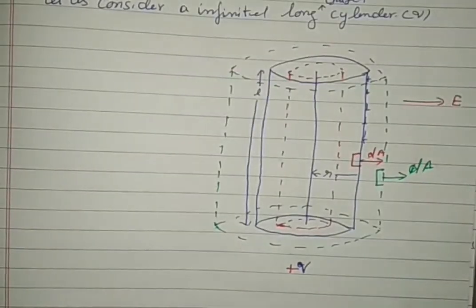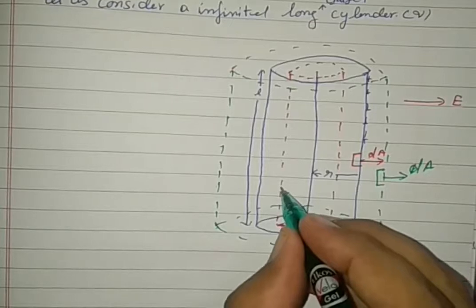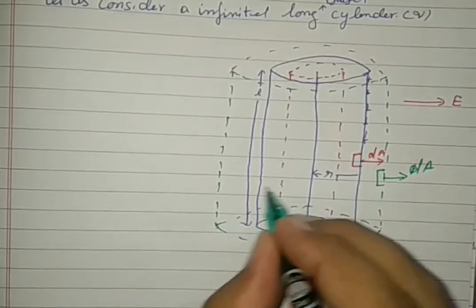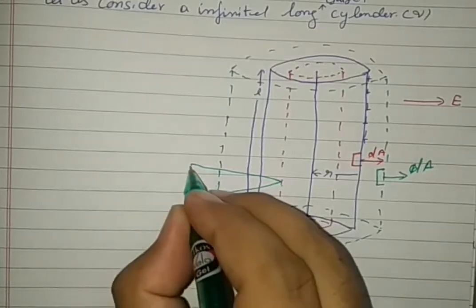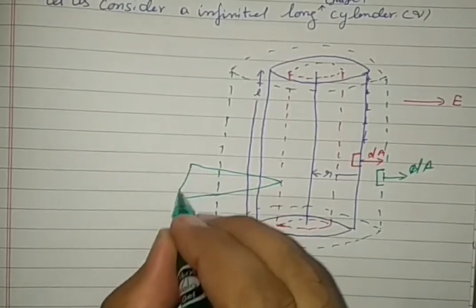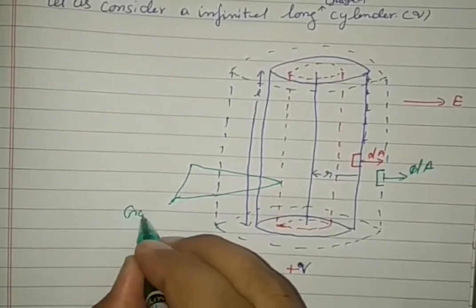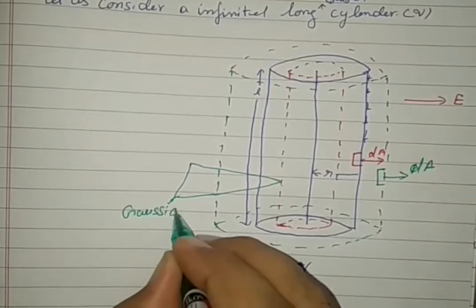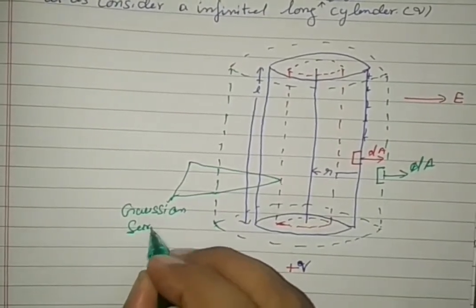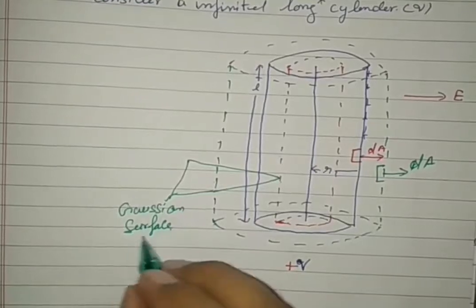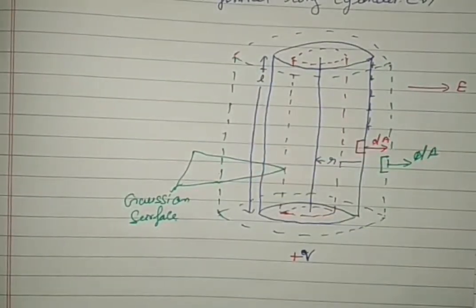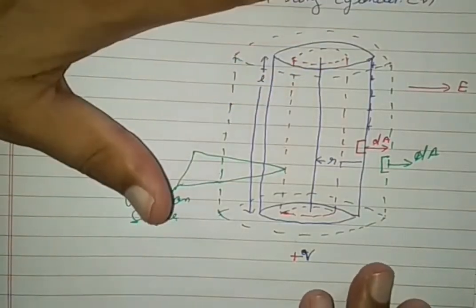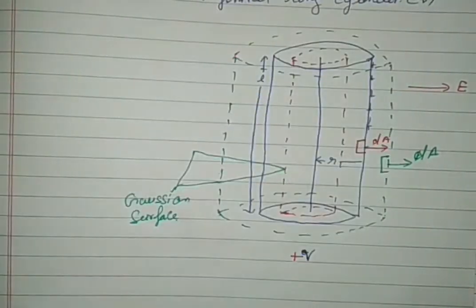Now on this cylinder, the area vector is considered on the surface. So two Gaussian surfaces, here these two are Gaussian surfaces. This shape is also like a cylinder. See, no electric flux passes through the top and bottom.